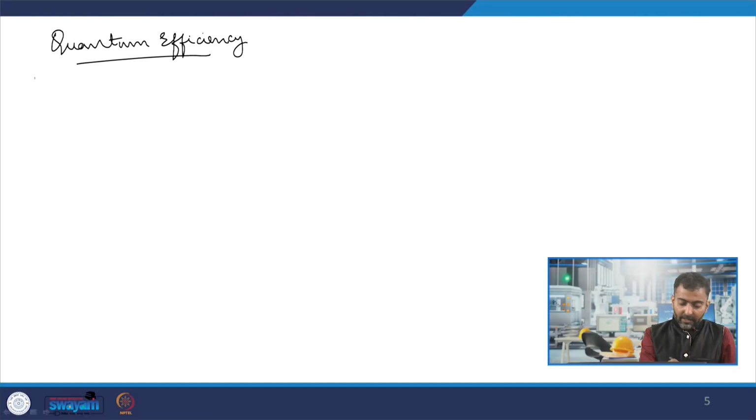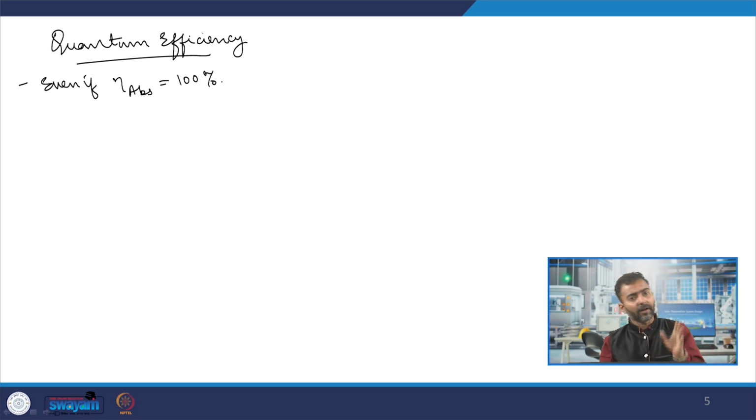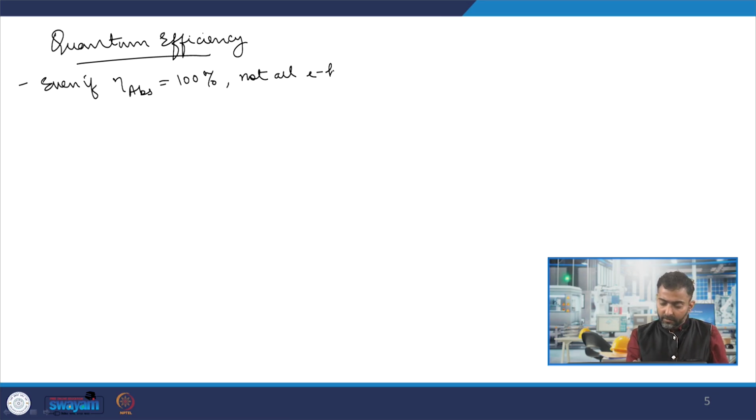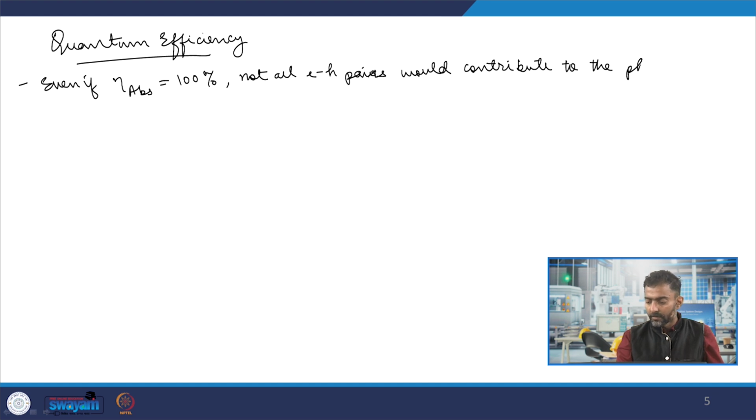So, the idea is that even if absorption efficiency eta ABS equals 100%, let us say, which is quite possible theoretically and practically we can go very close to 100%, still not all electron hole pairs would contribute to the photocurrent.